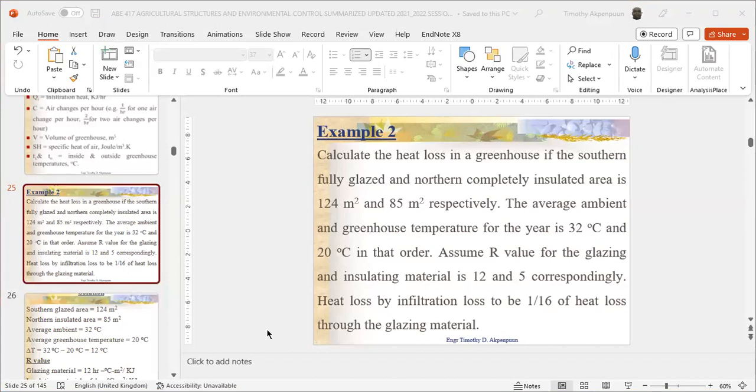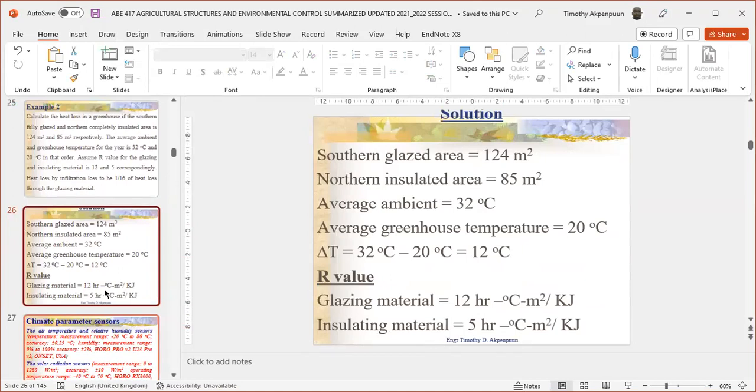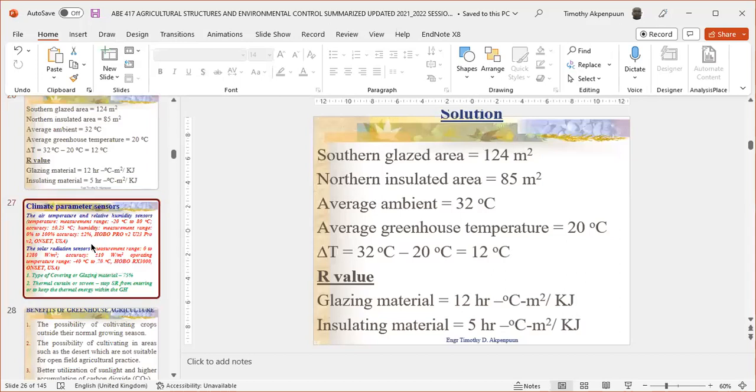And then what again? The roof is complete. It's not half roof. So in solving problems about standalone greenhouses, you are dealing with four sides, and for the roof, you have 2 sides. So do not forget. This is a solution to example 2. You guys should look at it.